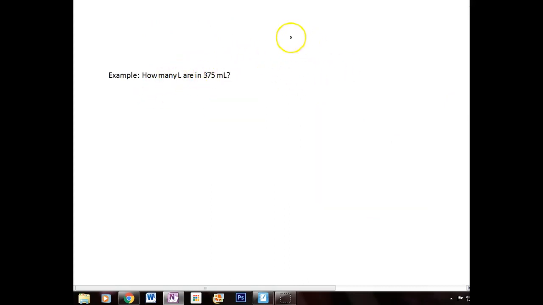It says how many liters are in 375 milliliters. Once again, we're going to use our equality of 1 liter is equal to 1,000 milliliters. We're going to identify our known quantity. In this case, our known quantity is 375 milliliters, so I'm going to write that down right here.